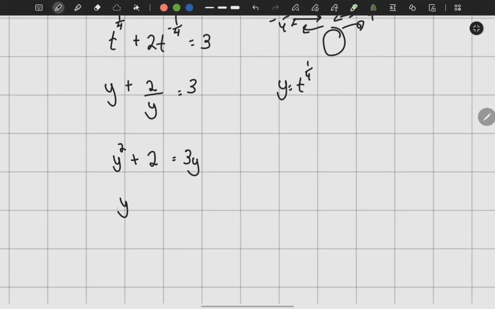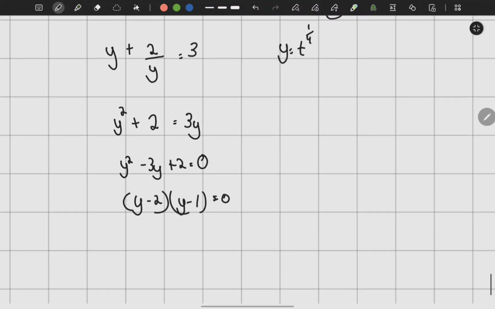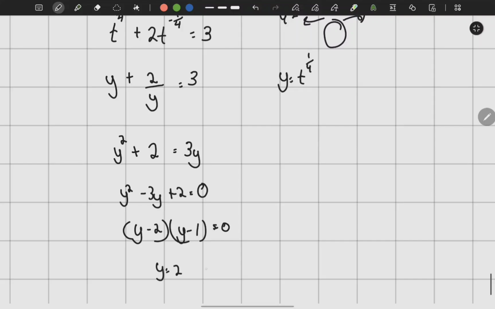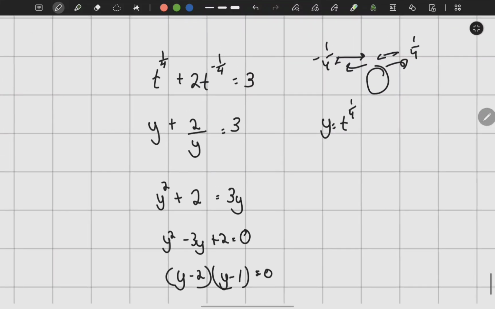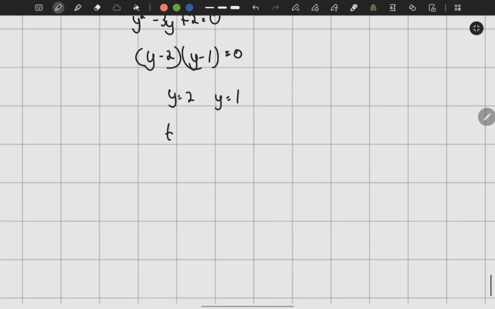So here we can just do some rearranging. And in our quadratic, we'd have 2 and 1, and then minus 2 and minus 1. So y equals 2, and y equals 1. Now we have to actually find what t is, because that's what we started with, and our substitution was t to the quarter.